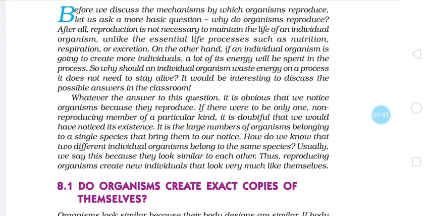How do we know that two different individual organisms belong to the same species? Usually, we say this because they look similar to each other. Thus, reproducing organisms create new individuals that look very much like themselves.